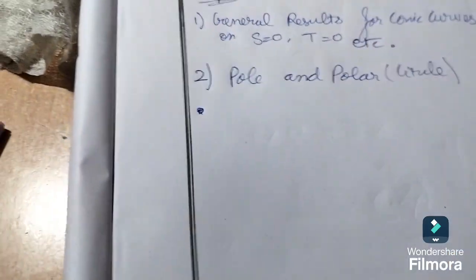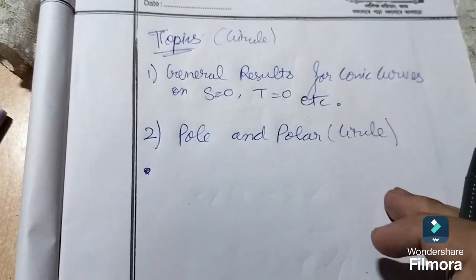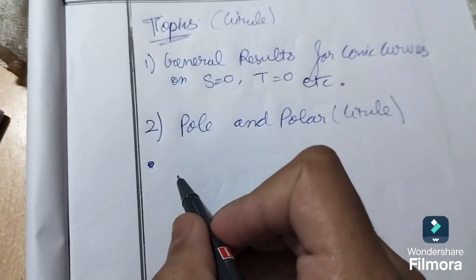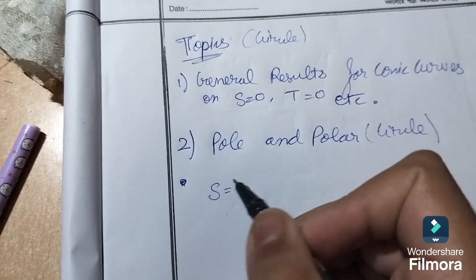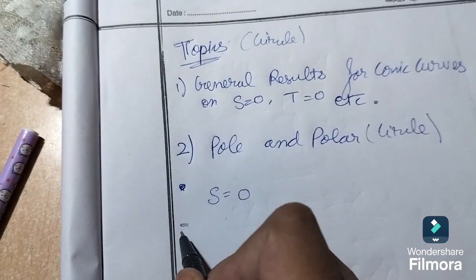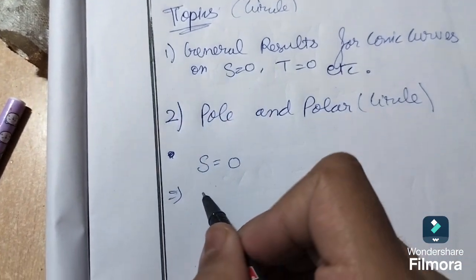So let's start. First of all, let's understand what S equal to 0 is. What does this mean actually? What is S?